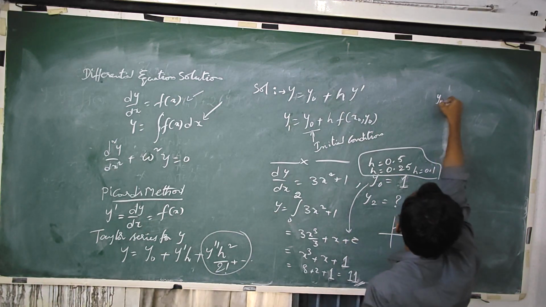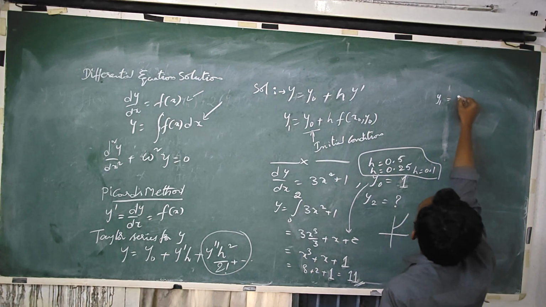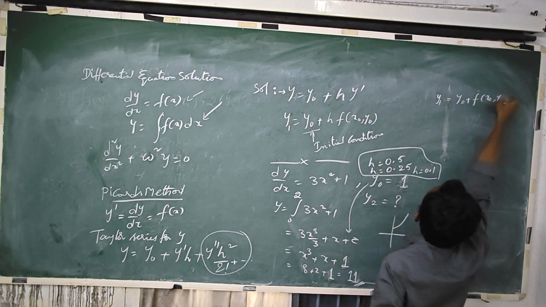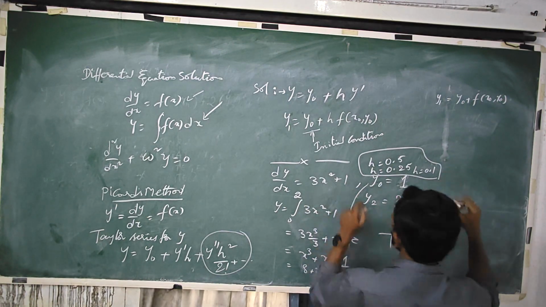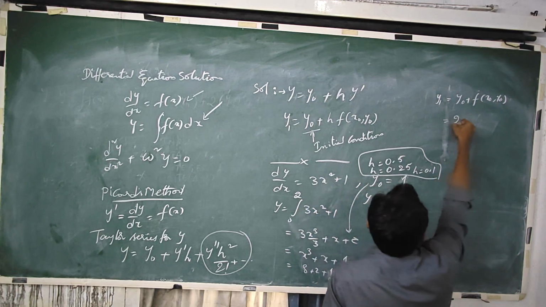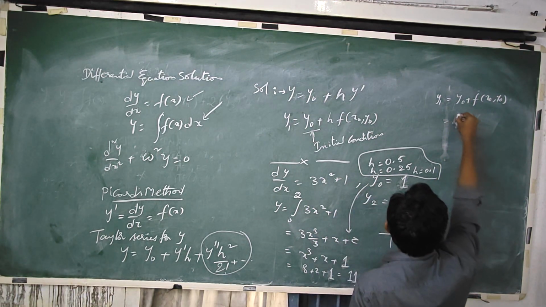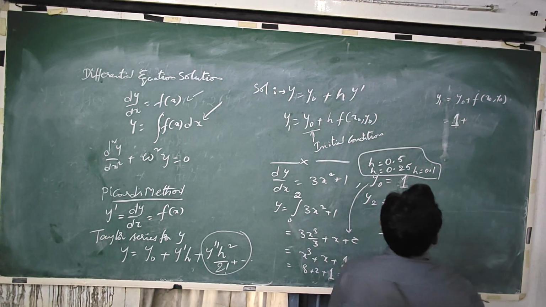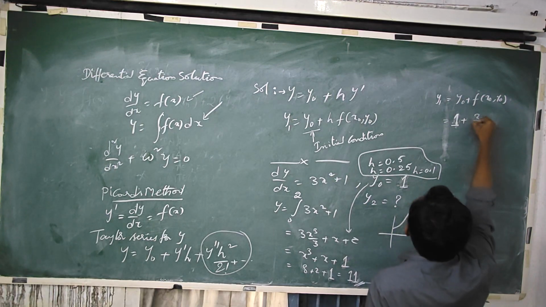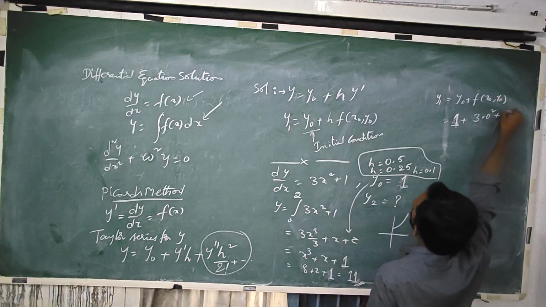So y1 is y0 plus f of x0 y0. So f of x0 y0 is 3x square plus 1. So y0 is 1, plus 3 into 0 square plus 1.